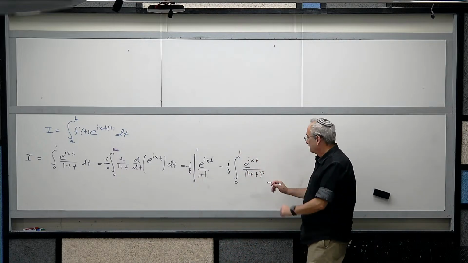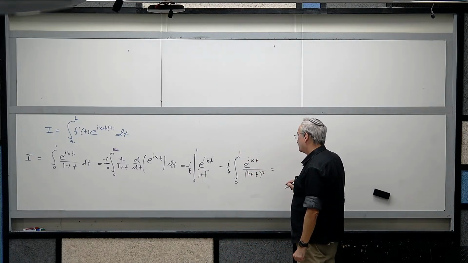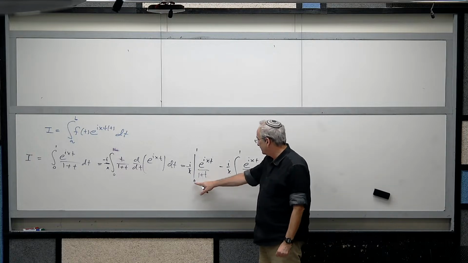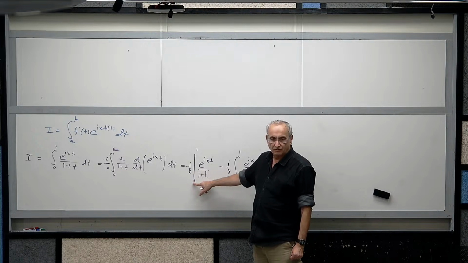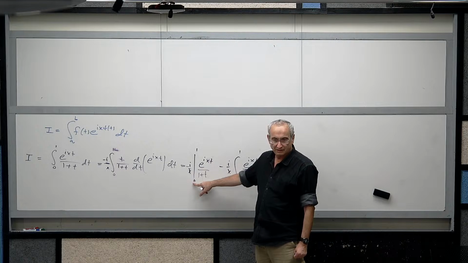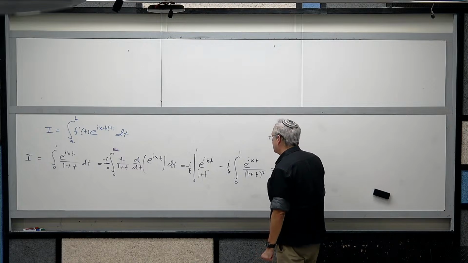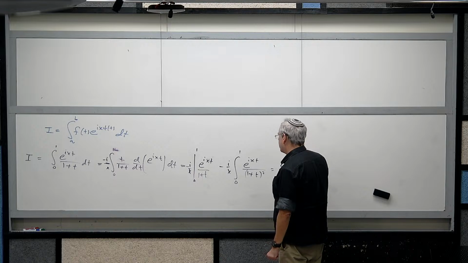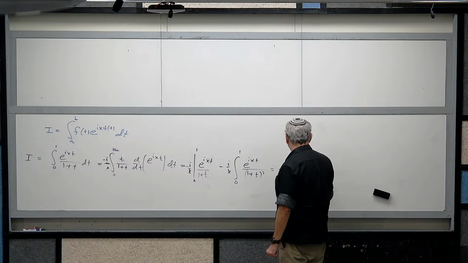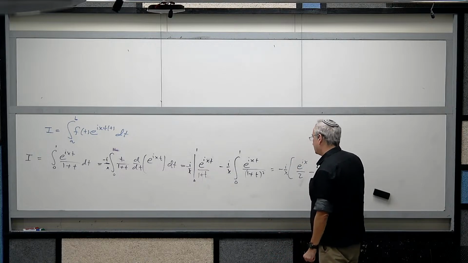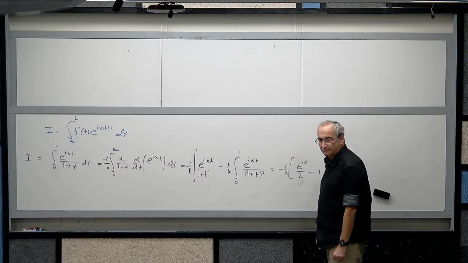Okay, so what we have obtained: note that the lower bound also gives us a contribution. We have minus I over x times the upper limit, which is e to the I x over 2, minus the lower limit, which is simply 1.